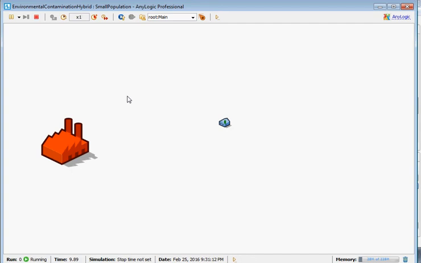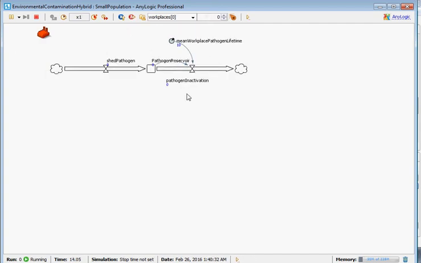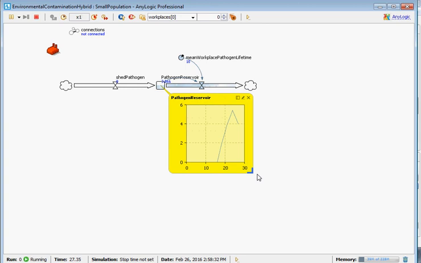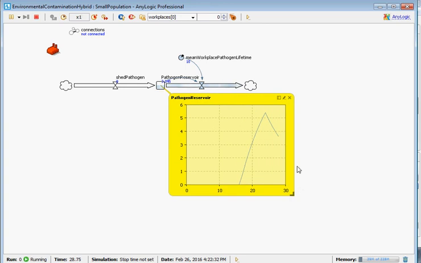So, ladies and gentlemen, you have this building up, declining, building up, declining. Why is this pathogen reservoir increasing for some time and then decreasing? Anyone? What causes the reservoir to increase?